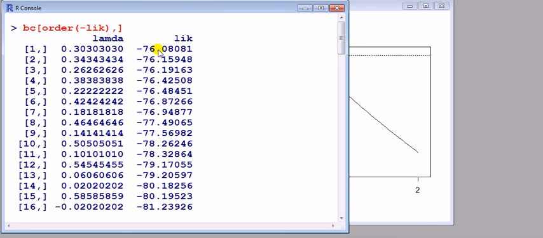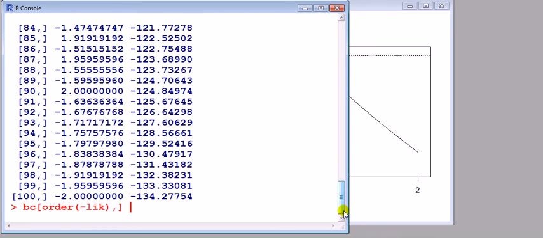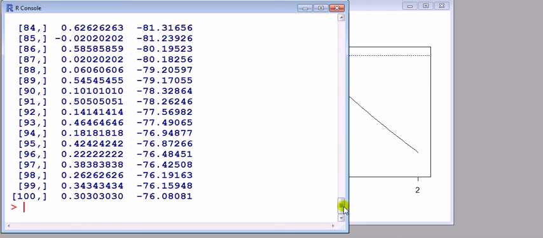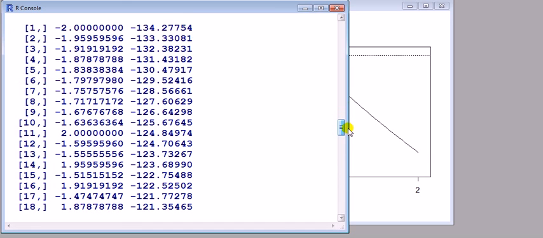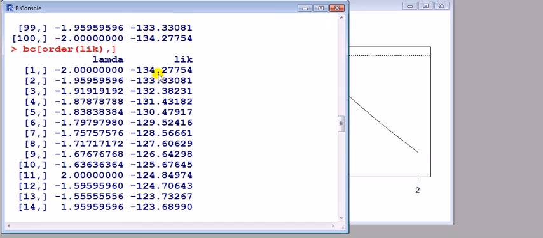So there you go. So we can see immediately that the likelihood is maximum at -76, and the lambda associated with that is 0.3, so that is the lambda I'm after. To see what I mean about the minus there, let's do it without the minus. You can see it's ordered now in ascending order by likelihood.